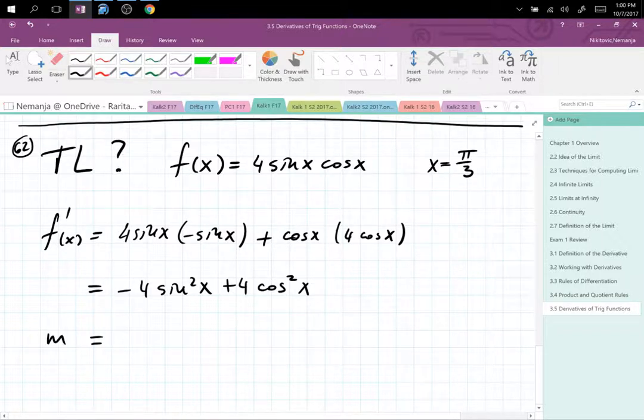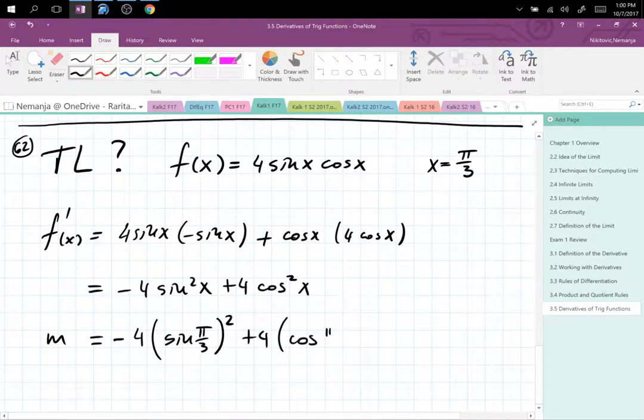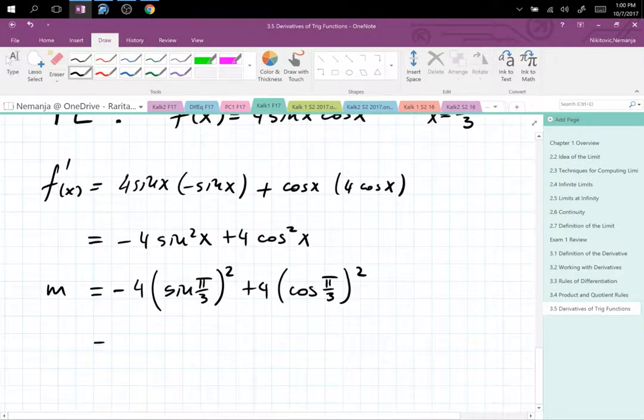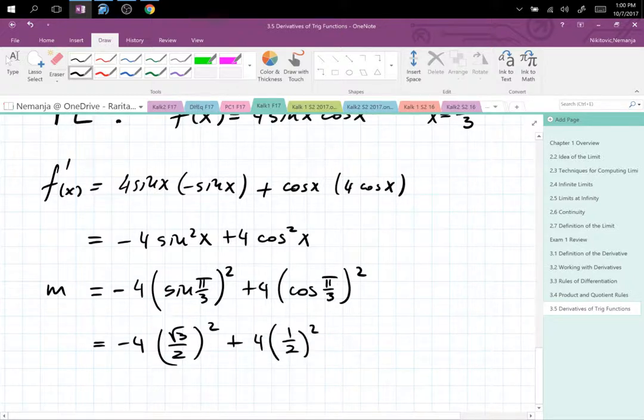In my case, I'm going to find m by plugging in pi over 3. So m is equal to -4 sine of pi over 3 everything squared, plus 4 cosine of pi over 3 everything squared. Sine of pi over 3 is root 3 over 2, and cosine of pi over 3 is 1/2.